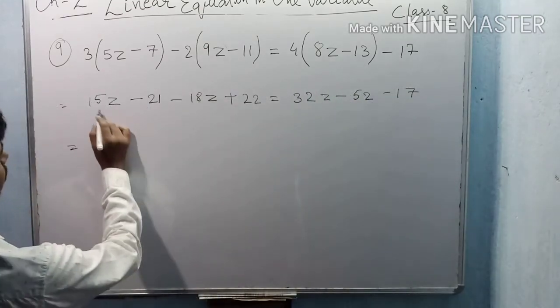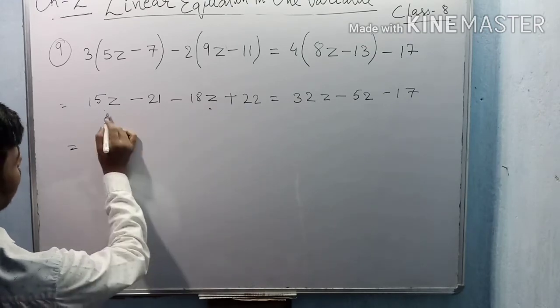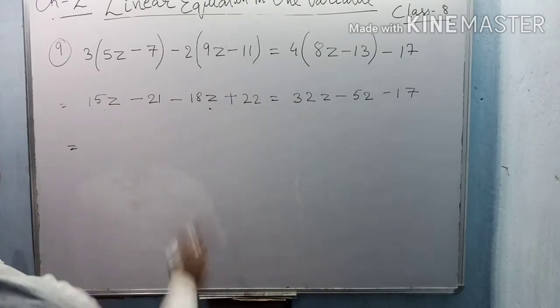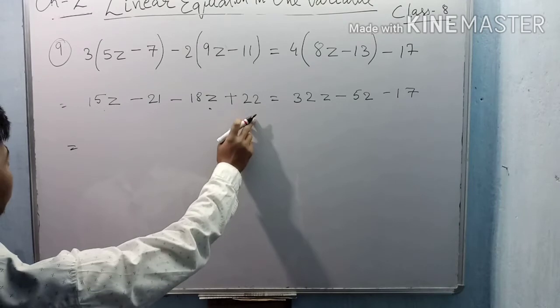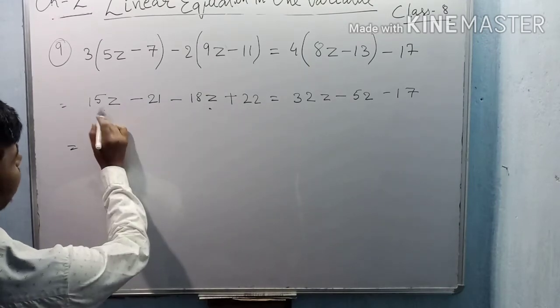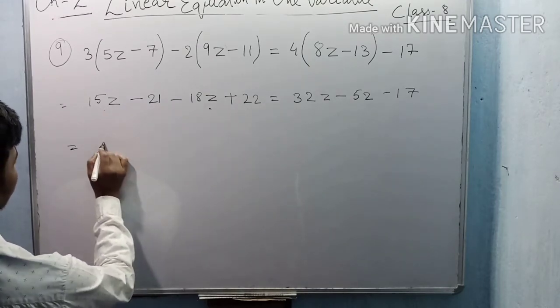Okay, so 15z and here also z, minus 15 minus 18 and here is minus 21 plus 22. So here will be what? Plus minus minus, the sign goes with minus only.